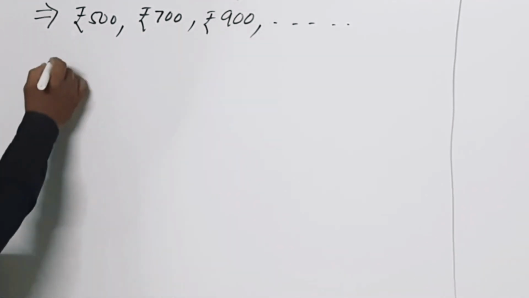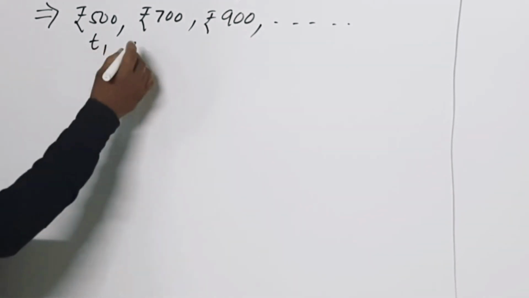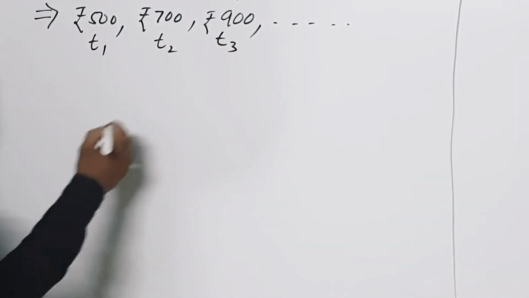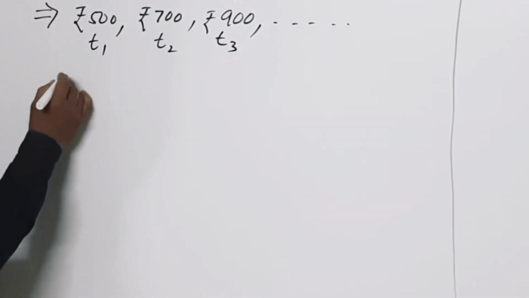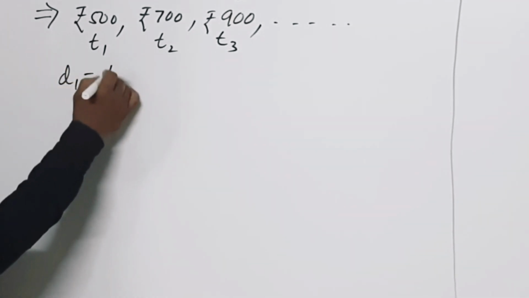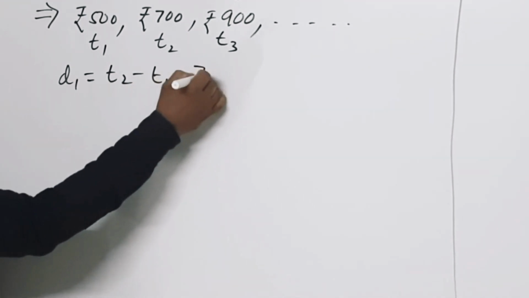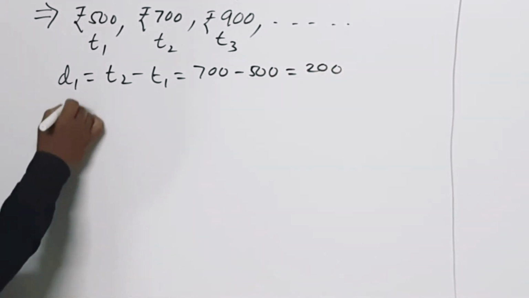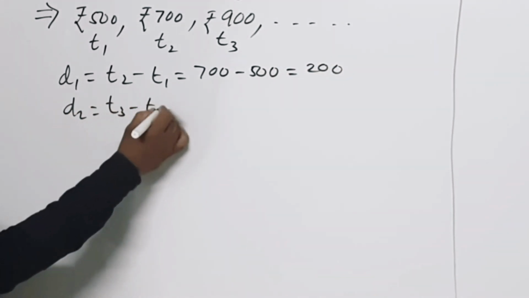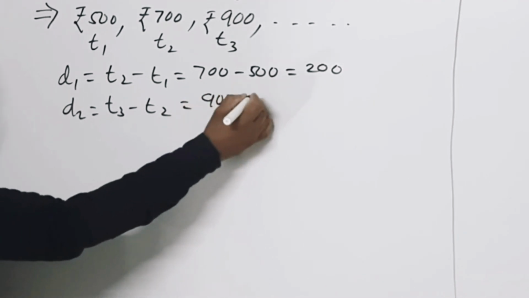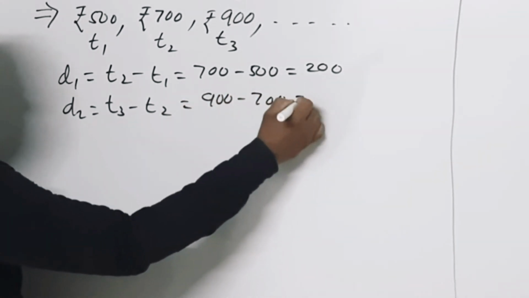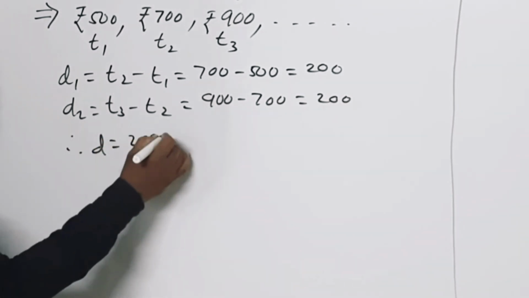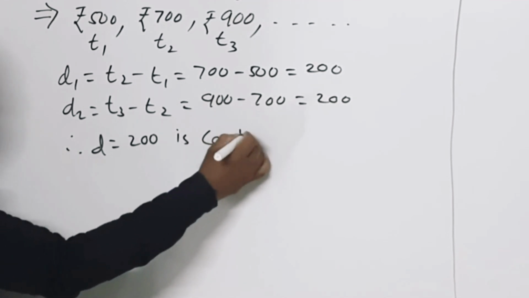So here first let this sequence T1 be 500, T2 be 700, T3 be 900. So we'll check whether the sequence is AP. So D1 is equal to T2 minus T1, that is 700 minus 500, which is equal to 200. D2 is equal to T3 minus T2, that is 900 minus 700, is equal to 200. So therefore D is equal to 200 is constant.